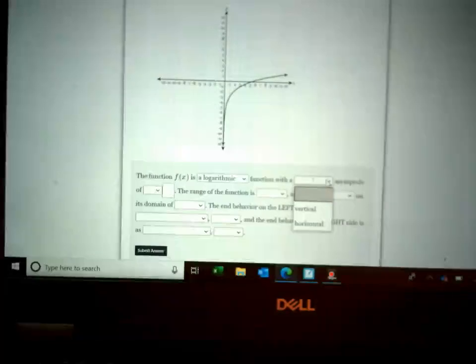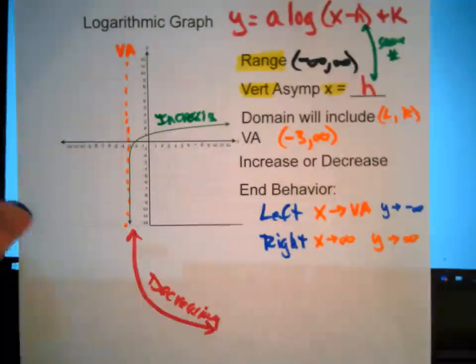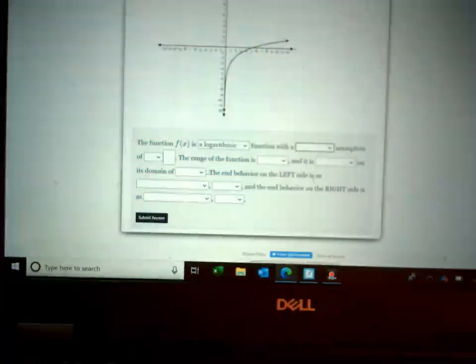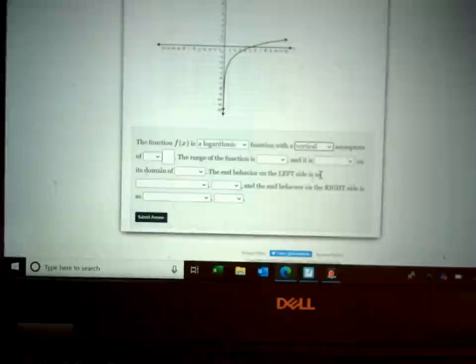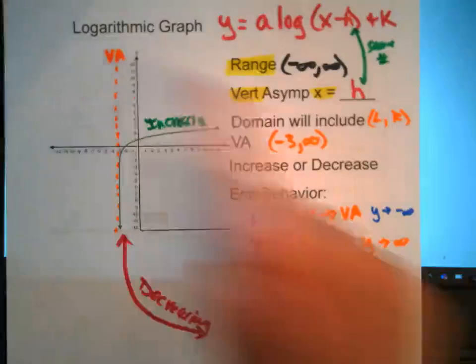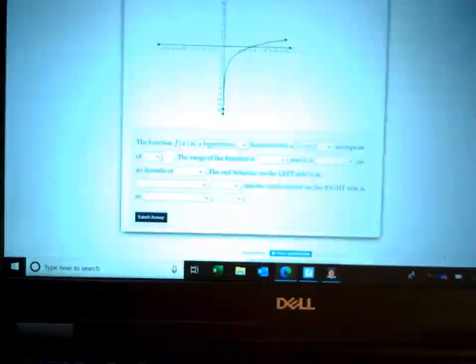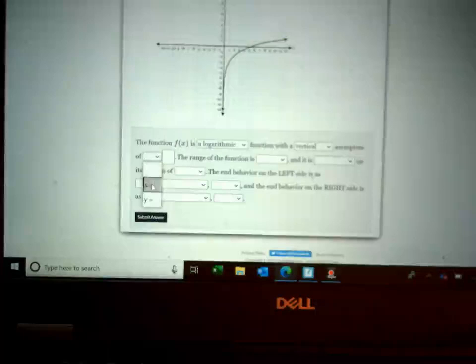So if you look back at your logarithmic notes, they always have a vertical asymptote. So the choices are vertical or horizontal. So we use vertical. And then the next question says, okay, is it x equals or is it y equals? Well, logarithmic graphs are always x equals. So x equals, and then we have to put a value in here.